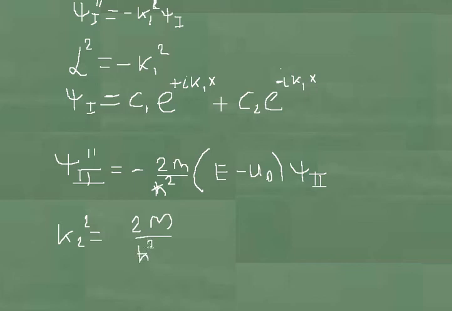Because it should contain no complex numbers. But if we have epsilon lower than 0, this is lower than 0. You understand me? And that's why we can rewrite it in the following form: minus.